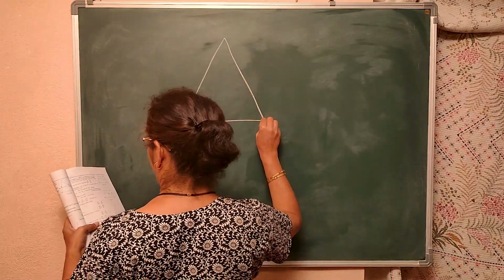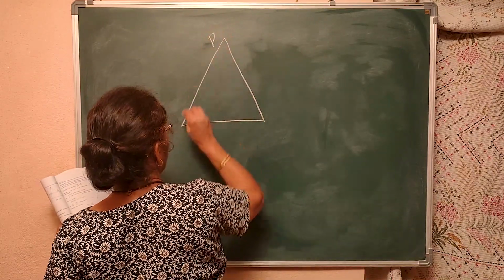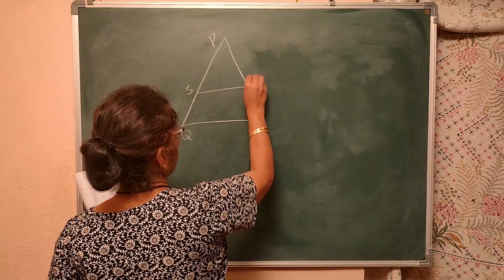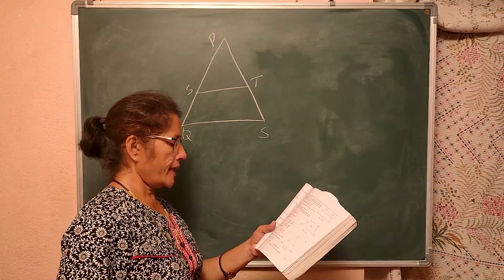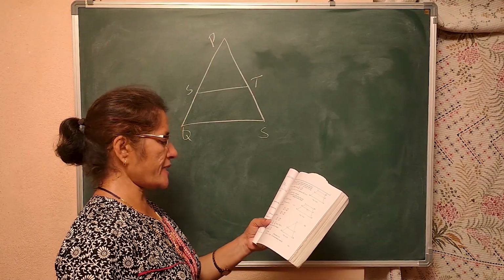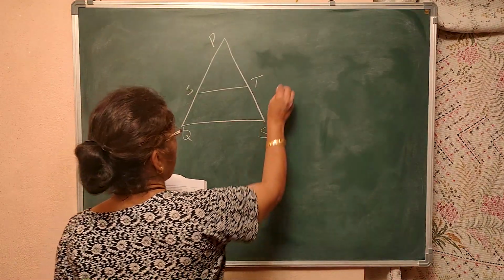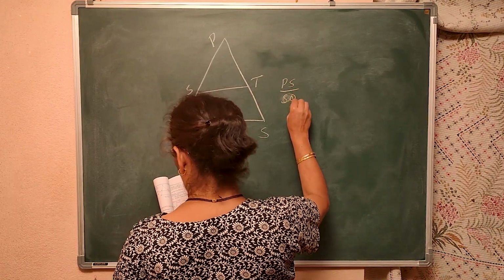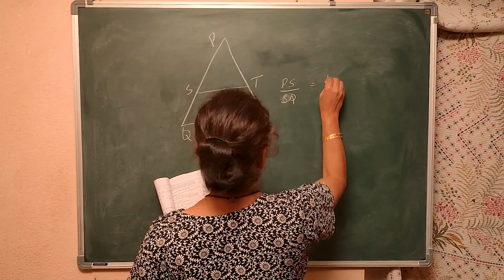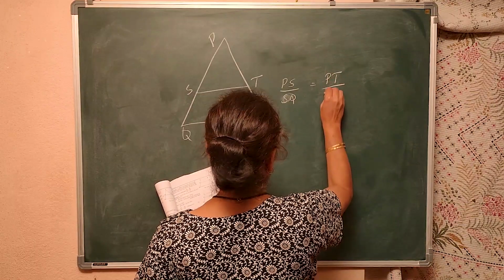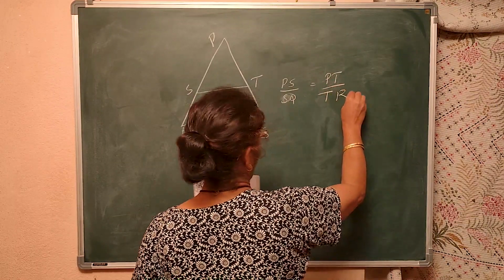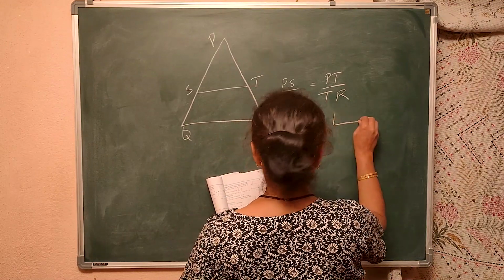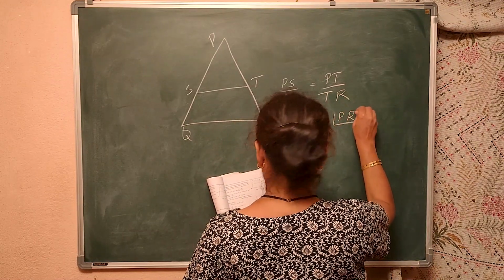What is the figure they have given? P, Q, R, and they have drawn ST. And they say, given that PS by SQ is equal to PT by TR, and angle PST is equal to angle PRQ.